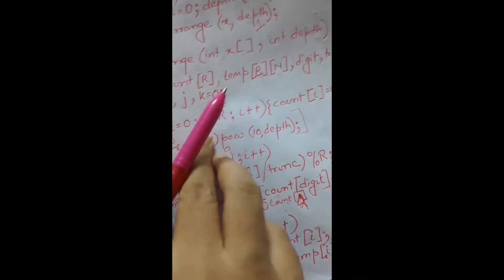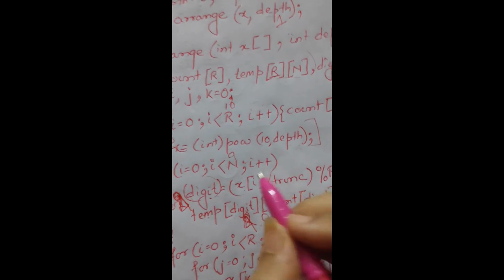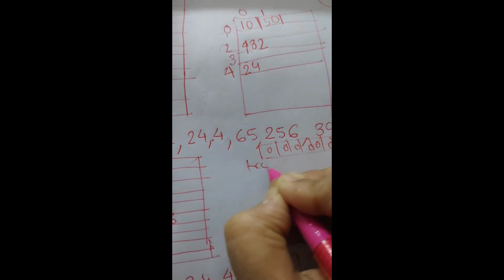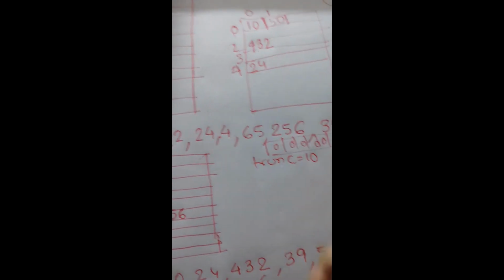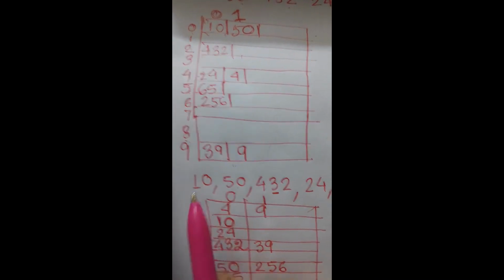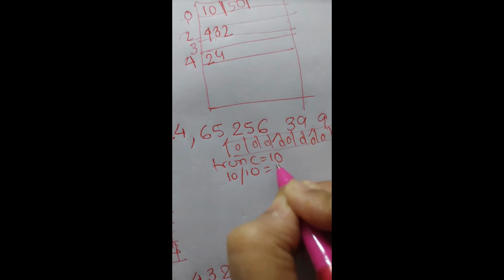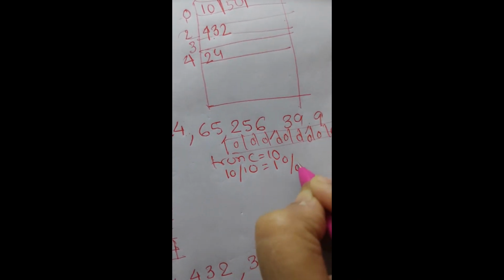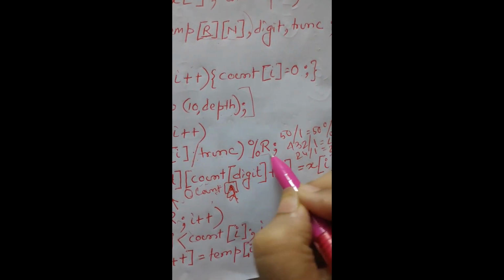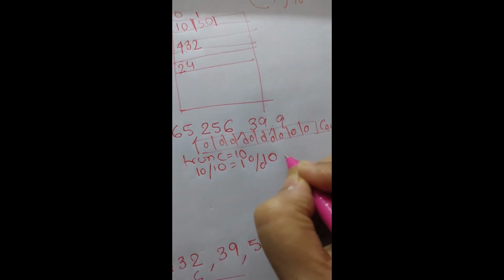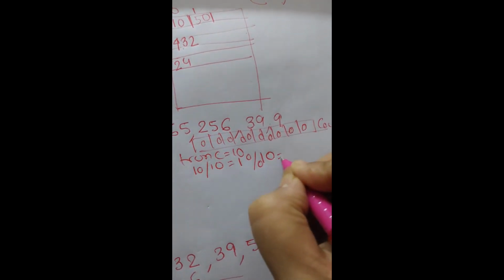So what do we have to calculate? 10 divided by trunk. The trunk value is 10 at this moment, and the first element of the array is 10. So 10 divided by 10 gives 1, mod r. You see, the expression is mod r, so mod 10, because the r value is 10. So 1 mod 10 is 1.